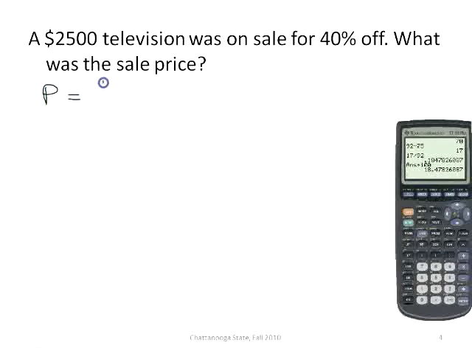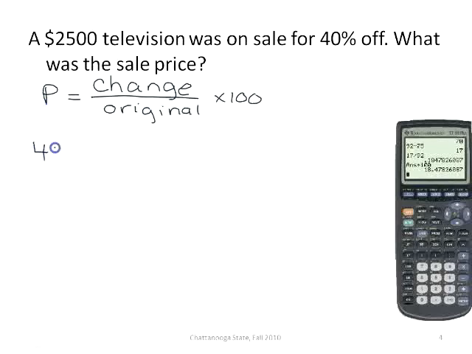So if our formula is percent equals the change over the original number times 100, well then my P would be the 40, because it's a 40% change. The amount of the change is what I don't know, but I do know my original price. My original price is $2,500. Then I have my times 100 there.